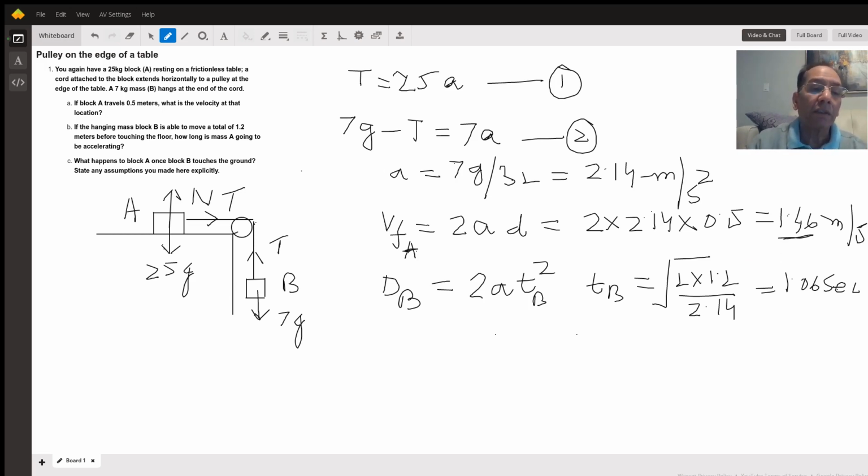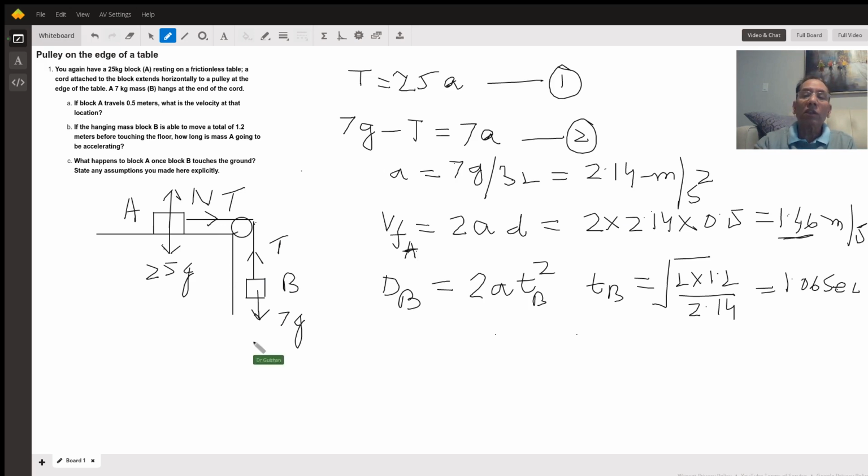Likewise, this other mass is also going down with the same acceleration, 2.14 meters per second squared, and it travels a distance of 1.2 meters before touching the ground.